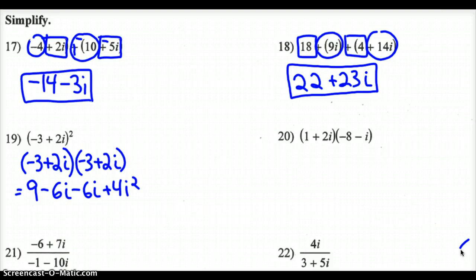Now i squared is negative 1, so I make an adjustment to my last term. Now I've got a real part, another real part for 13, and when I add my imaginary parts I get negative 12i.